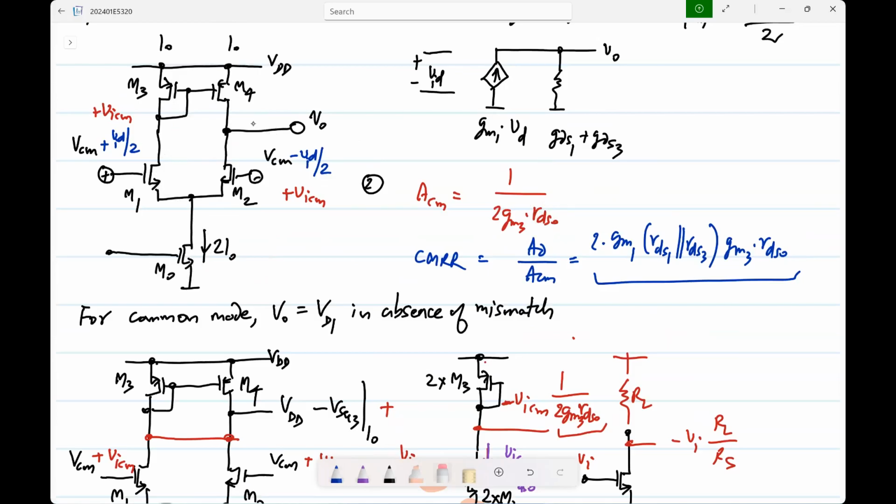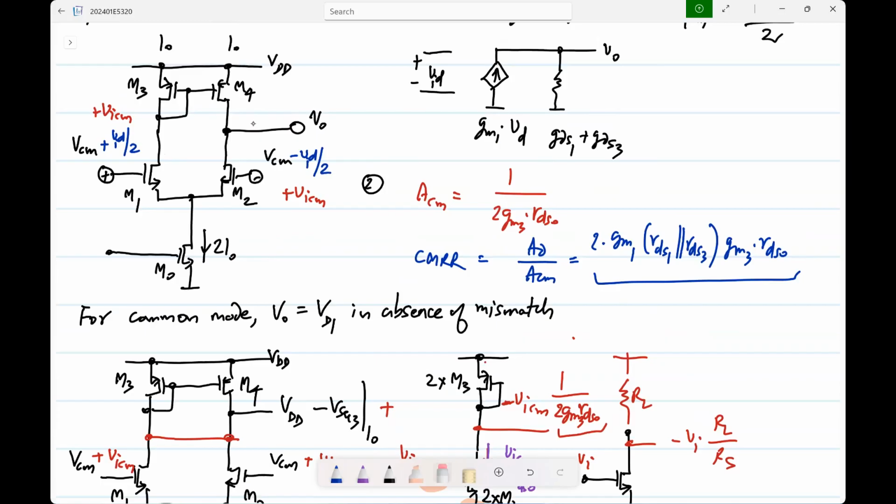So at high frequencies, the common mode rejection does get worse. We don't have to worry about that now, but you should know how to calculate the common mode gain, and that the one single element that controls it is the output resistance of the tail current source. The better the tail current source, the better the common mode rejection.